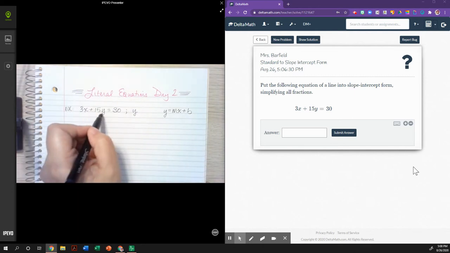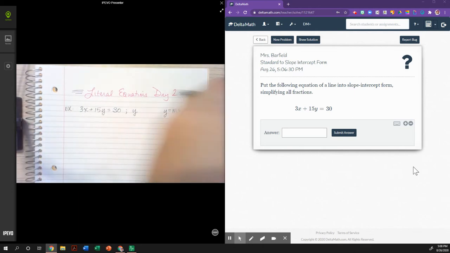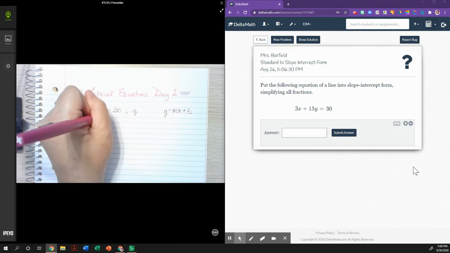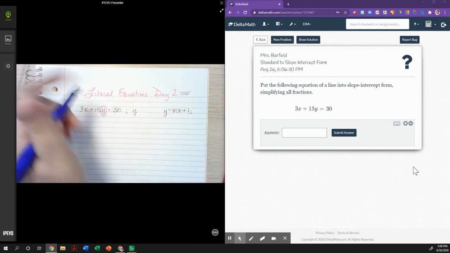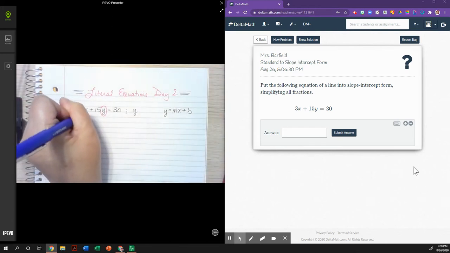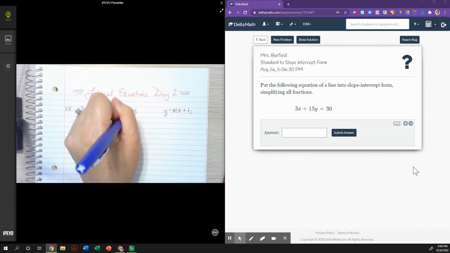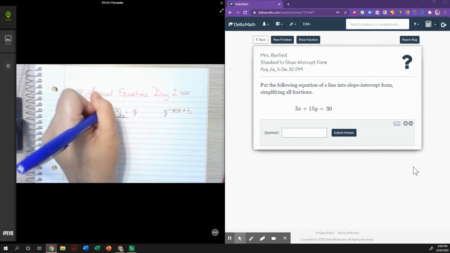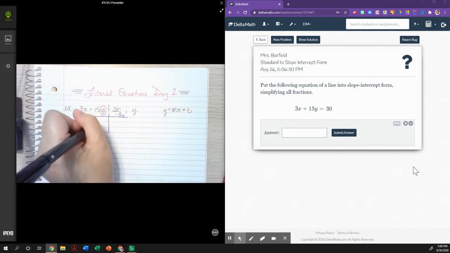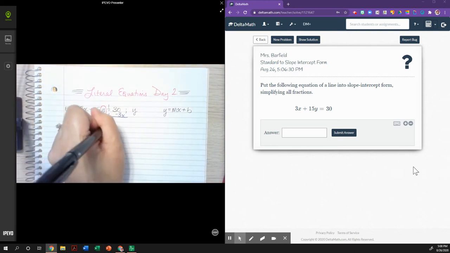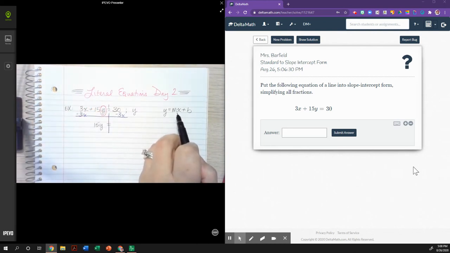So I want to get y by itself. I am solving for this variable. In order to get y by itself, I have to get 15y by itself, so I subtract 3x from both sides. Now, you have to be very careful about how you write this next step, and that'll maintain this form.